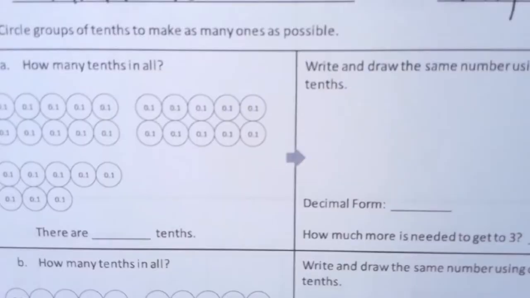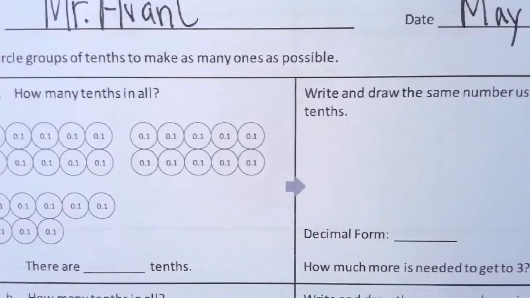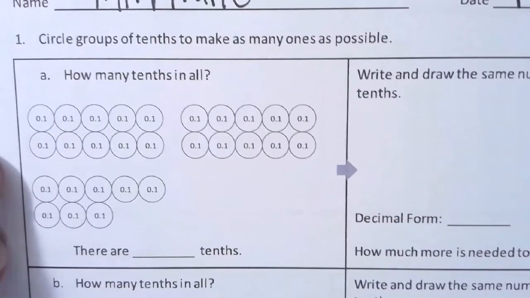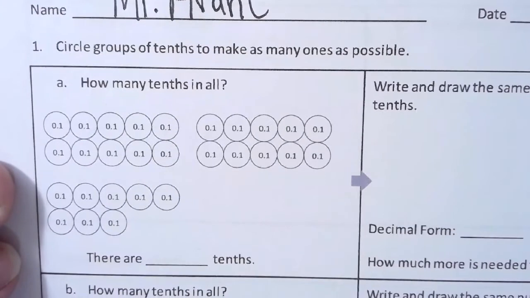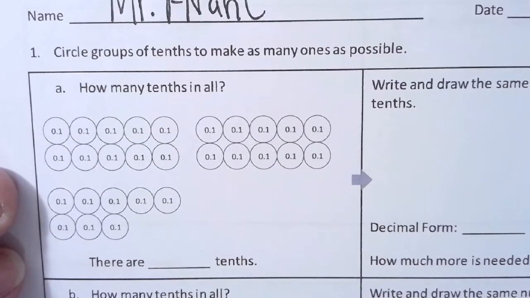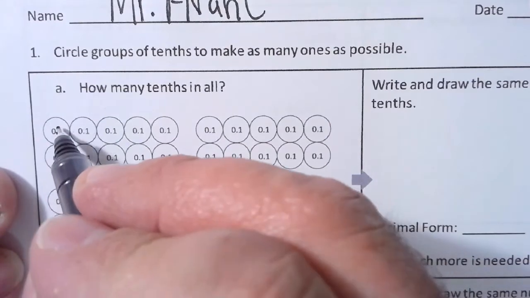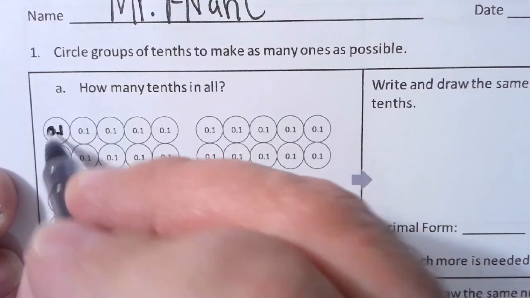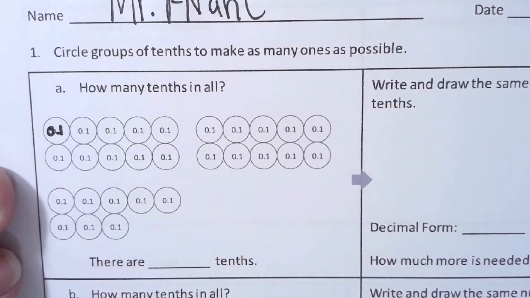Look carefully, because inside the place value disk we have something new. We are looking at a 0.1. Okay? So each one of those disks represents a tenth, 1/10. And they are broken up into groups of 10 conveniently so you can count them.